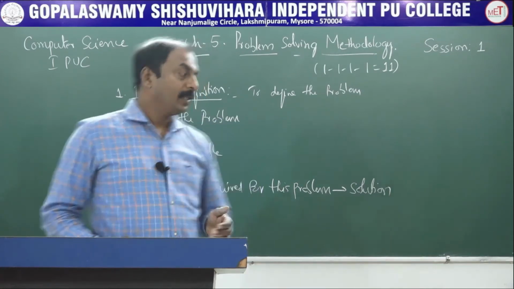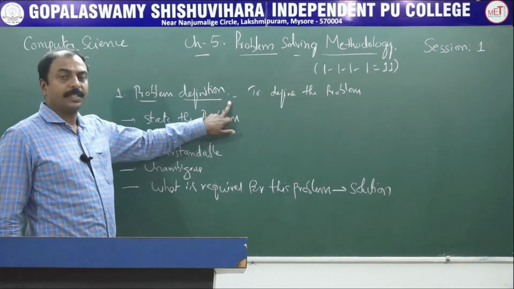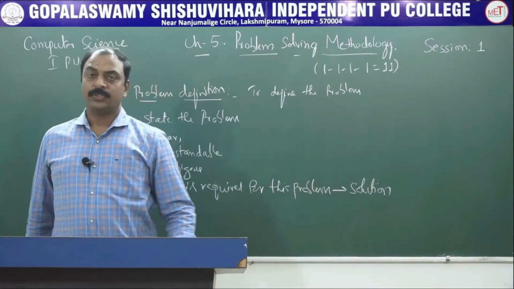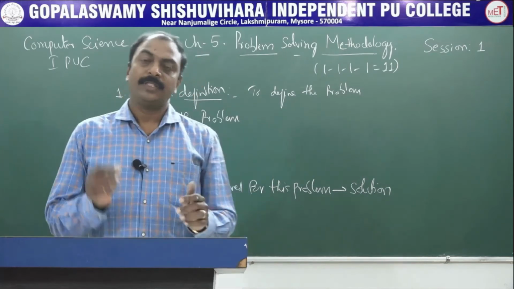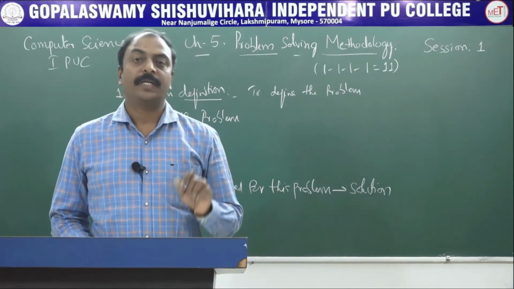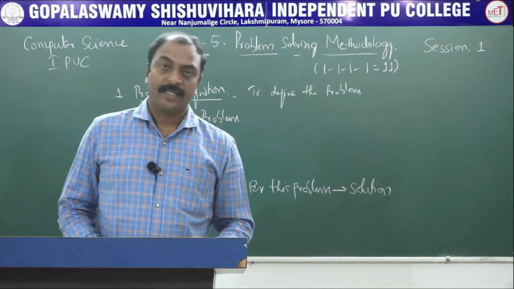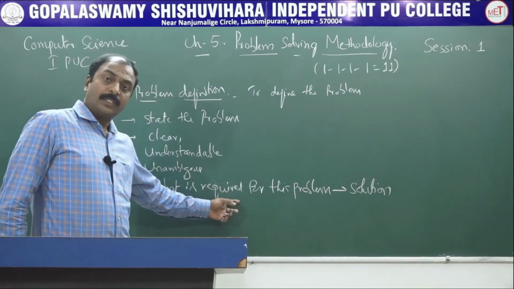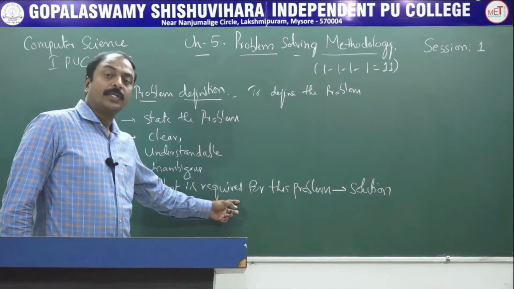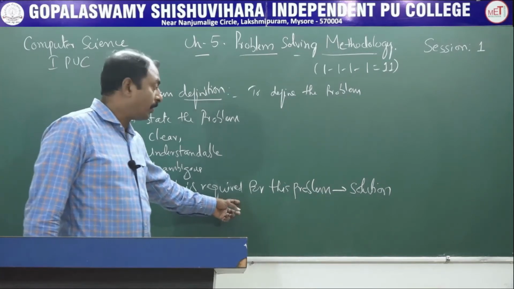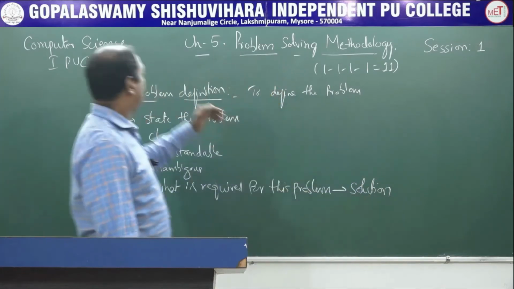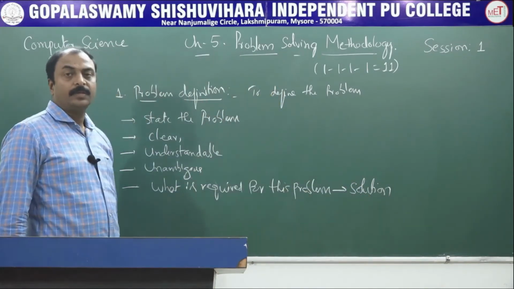So that is the reason. What is the problem definition? It involves defining the problem in such a way that the user or the programmer must understand it. It should be clearly stated, there should not be any confusion, and the user or programmer must clearly know what is required for this problem to arrive at a proper solution. So this is problem definition.